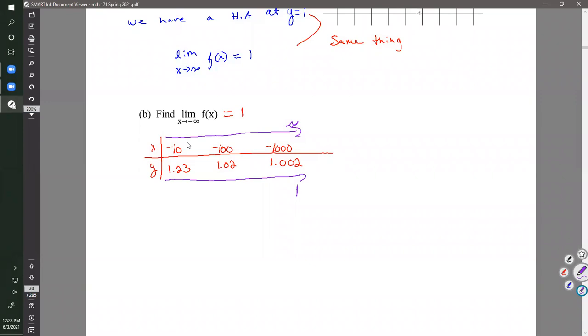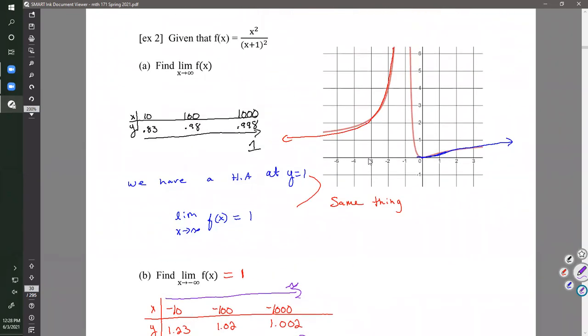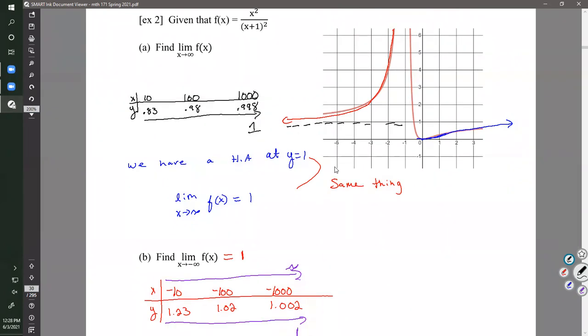And so what that tells us is that the limit as x goes to negative infinity of f of x is 1. And if you look at the graph, you notice that there is a horizontal asymptote at 1.